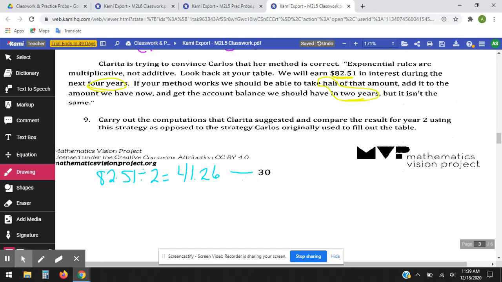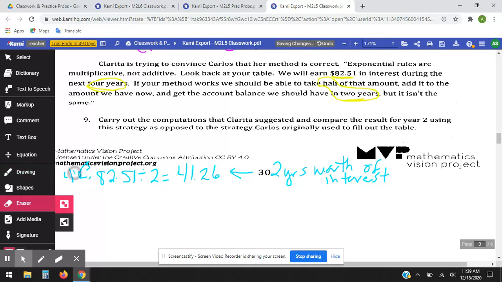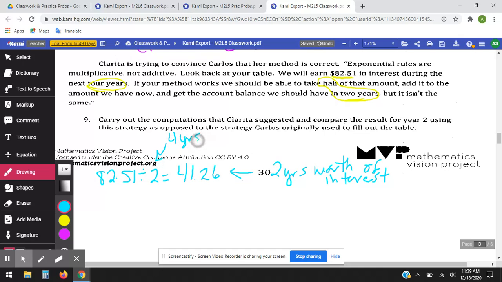So that should be 2 years' worth of interest, right? If this is 4 years' worth. If the 82.51 is 4 years' worth, half of it should be 2 years, according to Carlos.